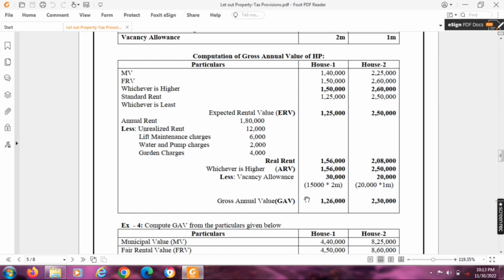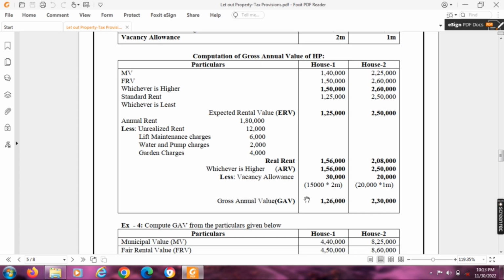Actually, I showed here only the first house. In the same pattern, the listeners can calculate for the second house. Unrealized rent is 12,000, lift maintenance 6,000, water pump maintenance 2,000, and garden maintenance 4,000 for the first house. We have to deduct it. The balance is the real rent. Now we have to compare the expected rental value and the real rent.